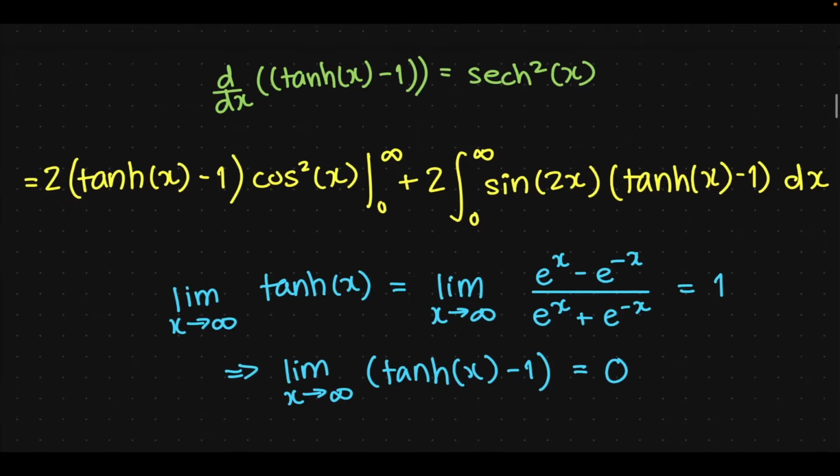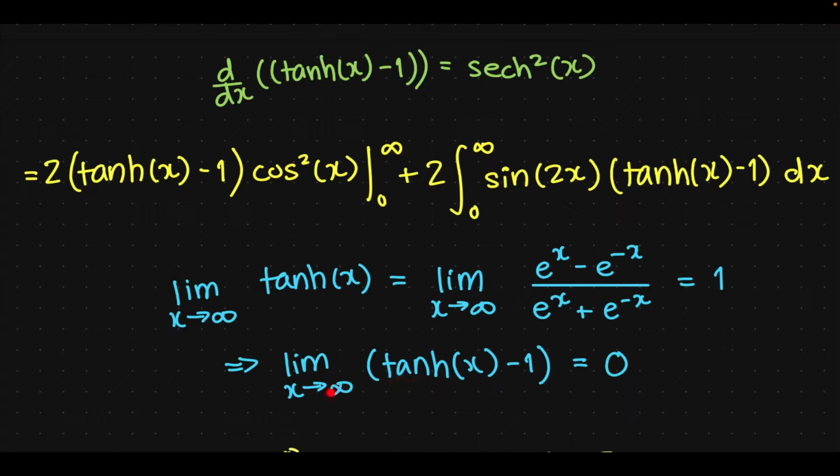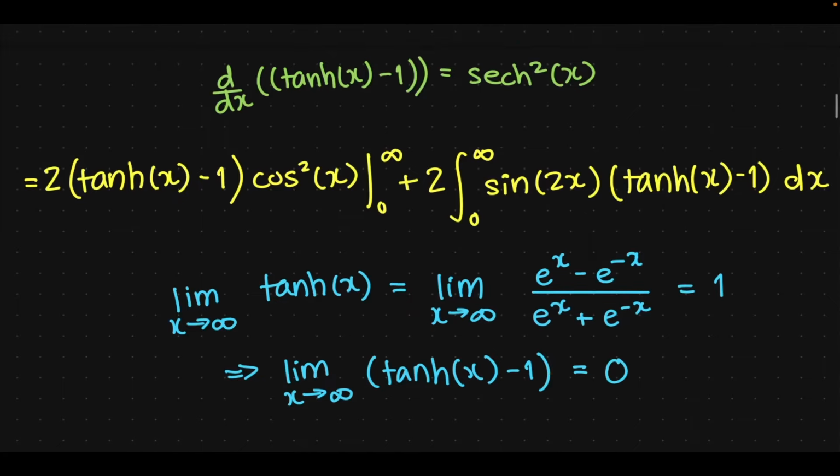That's nice. So that means when we take the limit as x goes to infinity of tanh x minus 1, the entire thing goes to 0, which is nice because the cosine is oscillating anyway. It's undefined, the limit as x goes to infinity. So it's good that this amplitude, which is tanh x minus 1, is going to 0.